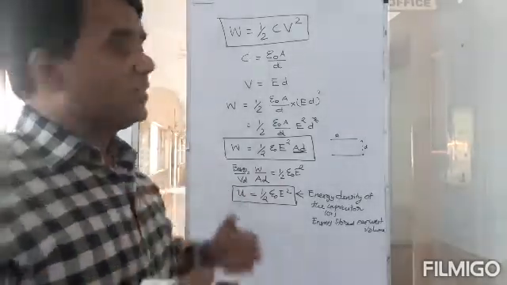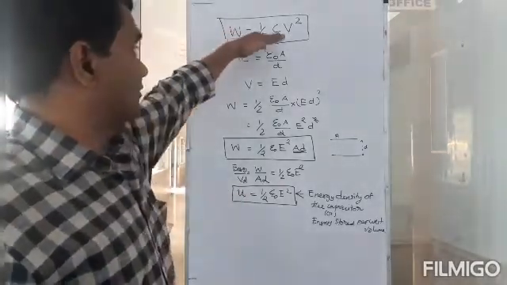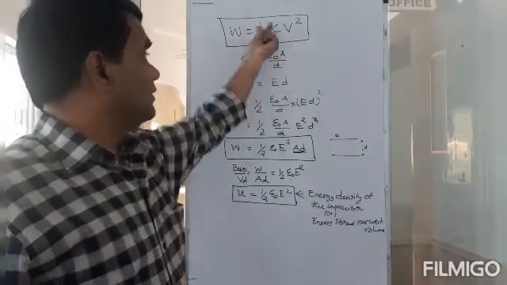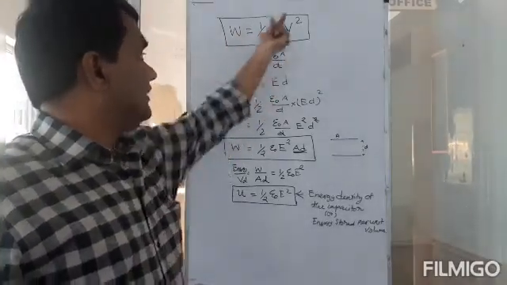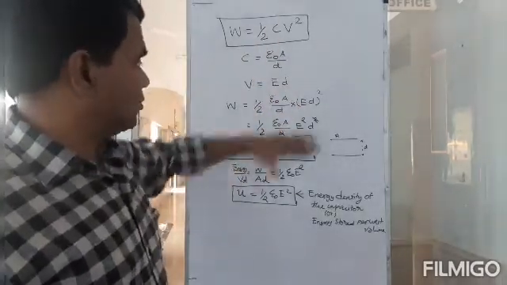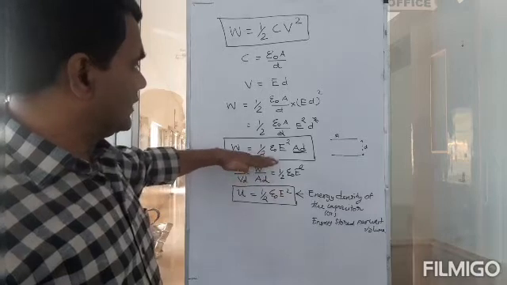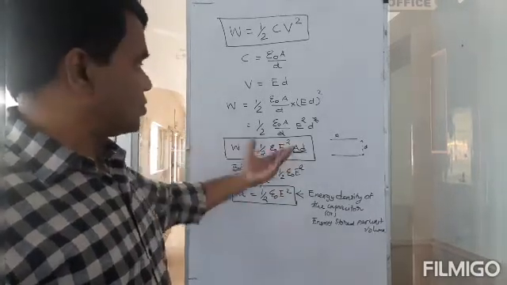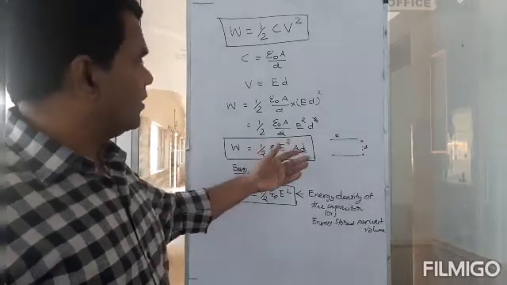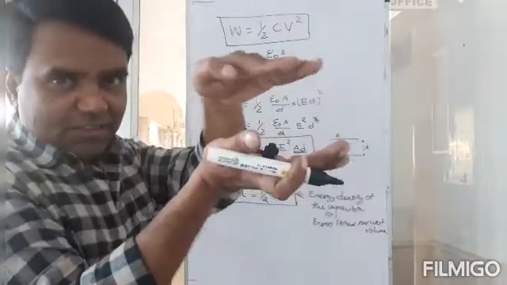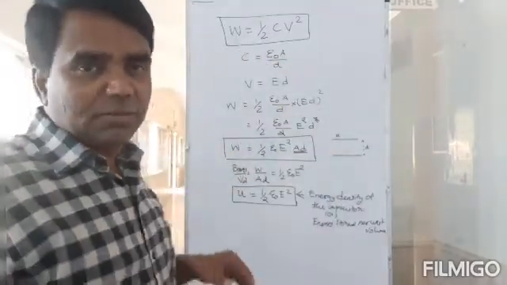So what we've done is we've derived this expression W is equal to half CV squared, and instead of C we have put epsilon naught A divided by D, and instead of V we have put ED. Then when you manipulate these quantities, you end up with this expression, which is still the energy stored in the capacitor. But then this AD is like the volume contained within the two plates.